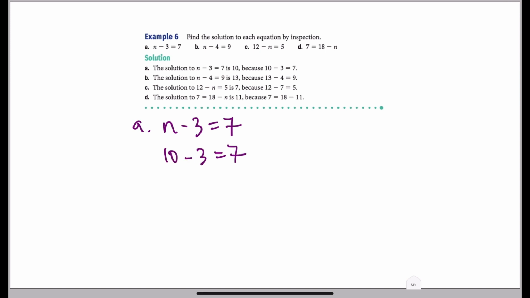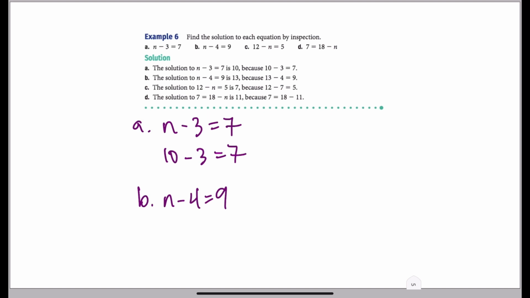So the number that makes this true in place of the variable, the letter that we're using to represent some number, has to make it a true statement. So in this case, the n is a 10. Let's have a look at B. n minus 4 equals 9.